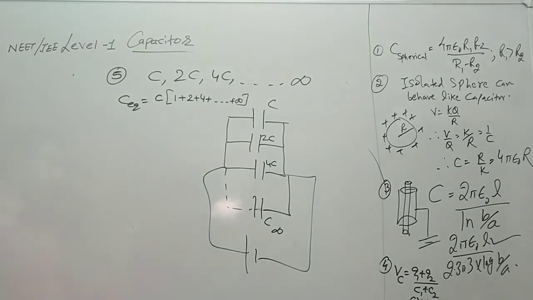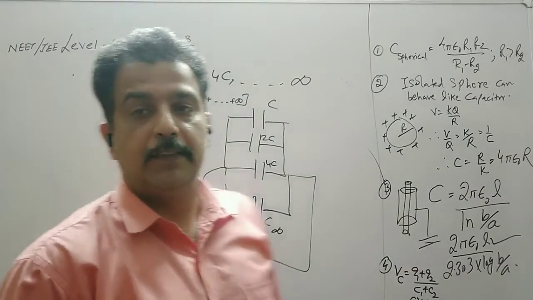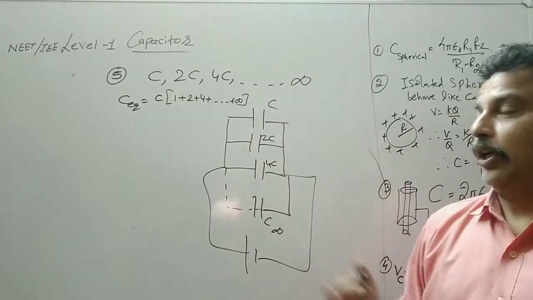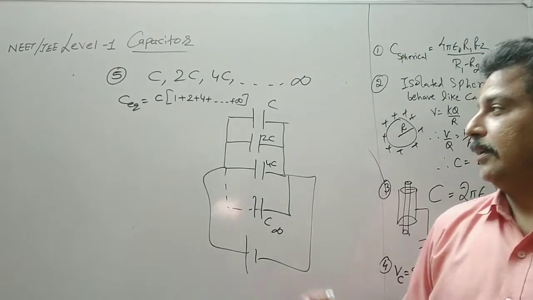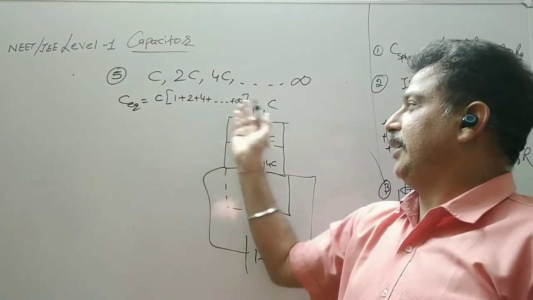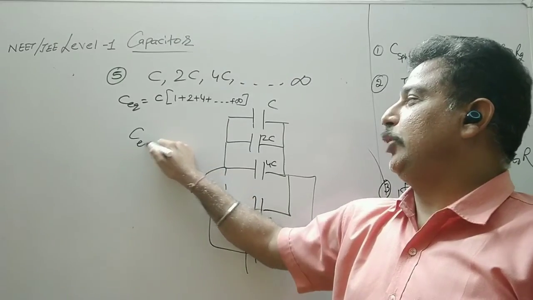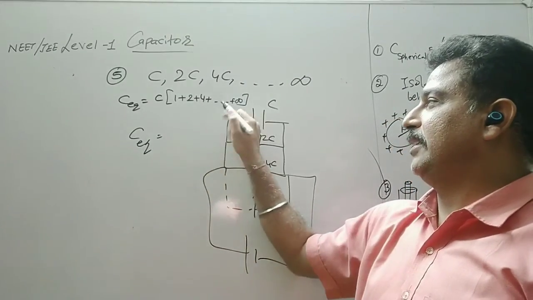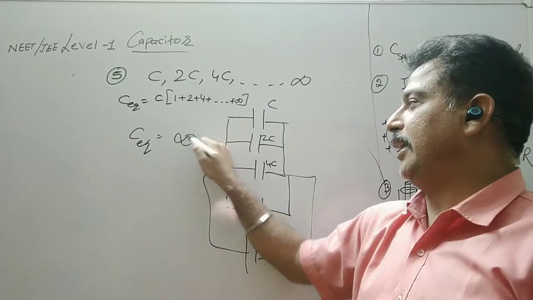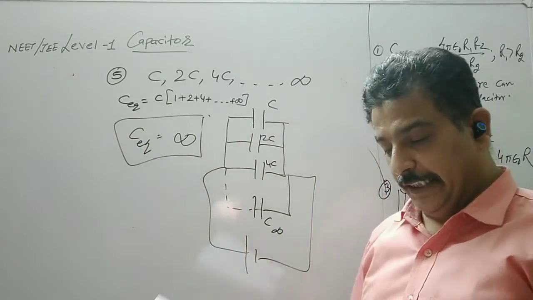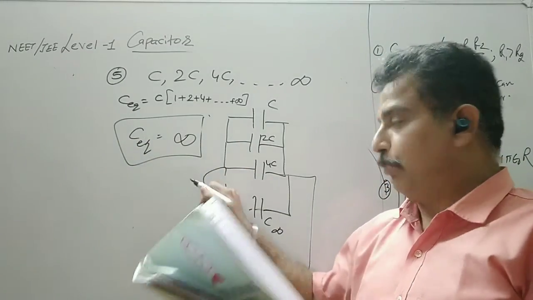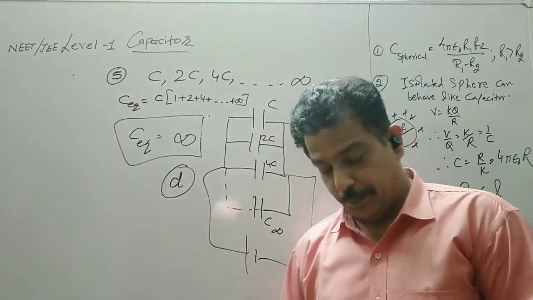Now we don't know whether it is 6 or 8. Otherwise, we could find out what type of series it is. So we take this summation as infinite. So C equivalent should be infinite into C, that should be considered as infinite. So this is option number D.